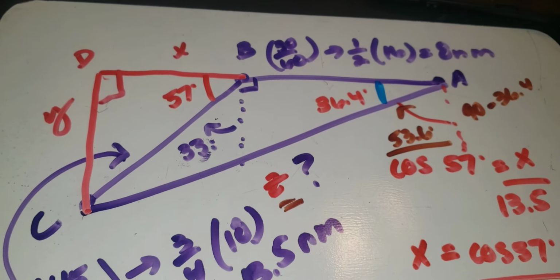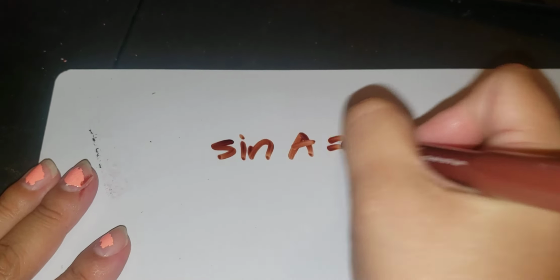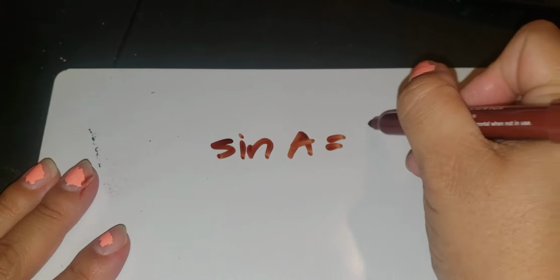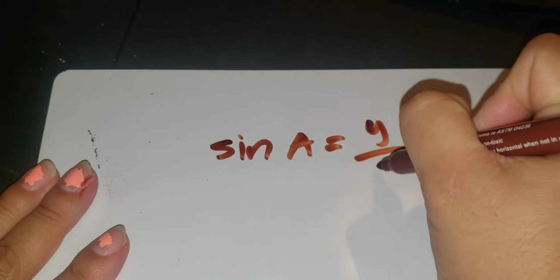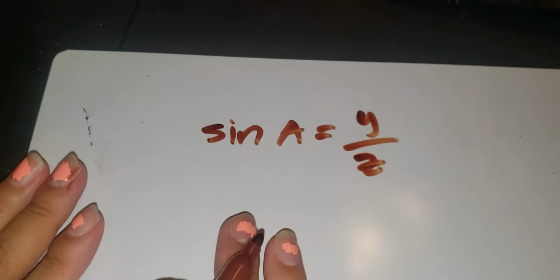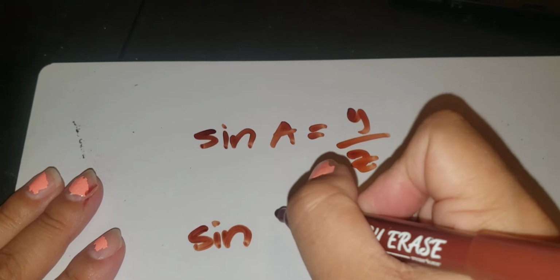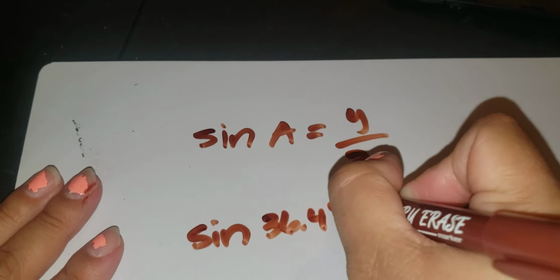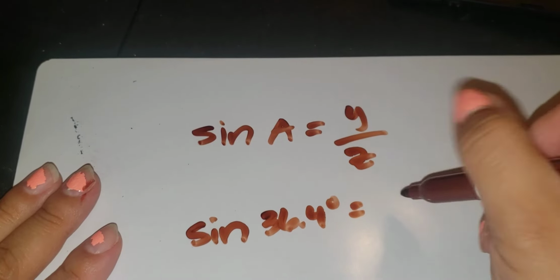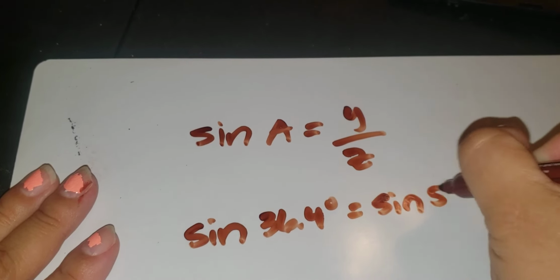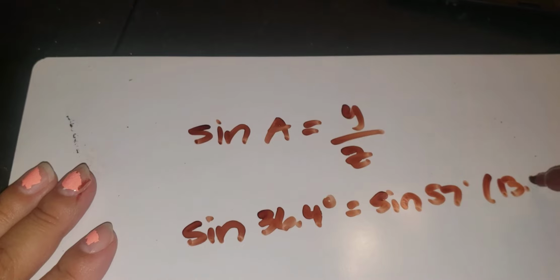So we're solving for Z. Let's try that one more time. So I should have sine of angle A equals opposite, which is y, over hypotenuse, which is z. There we go. Now substitute your values. So sine of A is 36.4 degrees. Y was sine of 57 degrees times 13.5.